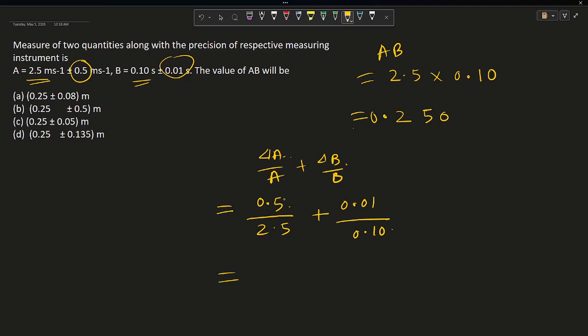So this will be, sorry, this will be 0.1 by 0.5. 1 by 5 means 0.2, and this one is 1 by 10, 0.1, so 0.3.